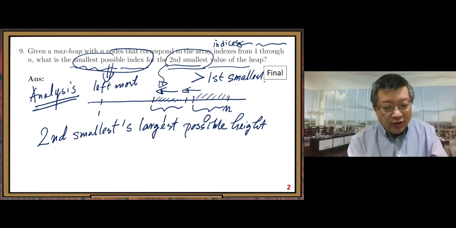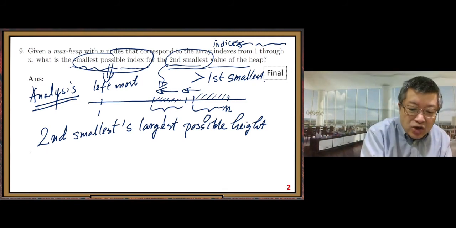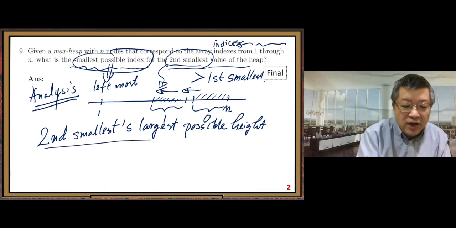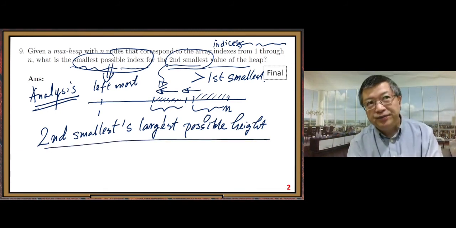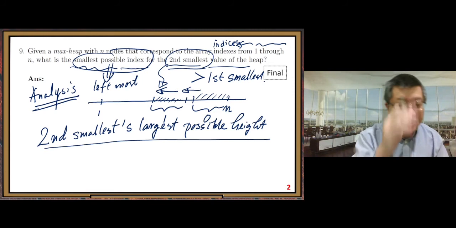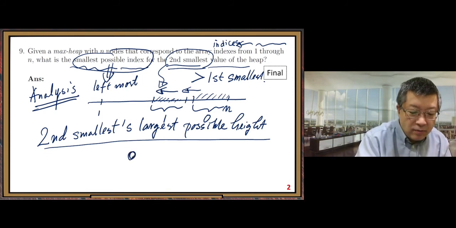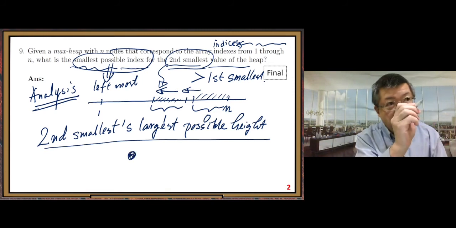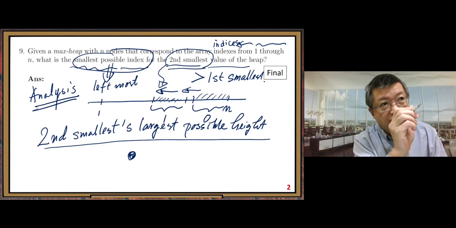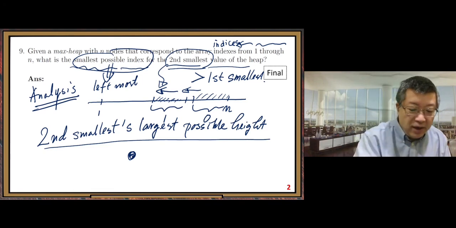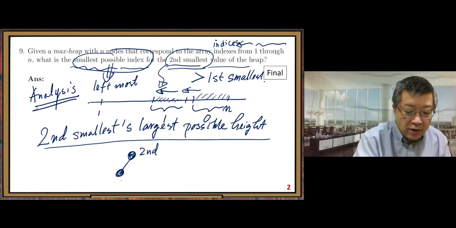So we want to look at the largest possible height for this element. Can you see that? Yeah, because the second smallest element can only have one child, right? Its child, if this is the second smallest, but this child is the smallest.